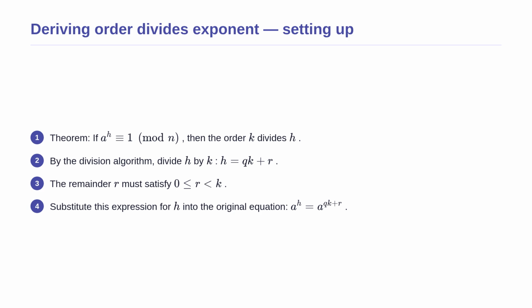We start with the division algorithm, which is just the formal mathematical way of saying division with a remainder. We divide our large exponent h by our order k to get a quotient q and a leftover remainder r. The standard rules of division tell us that the remainder r must be greater than or equal to 0 and strictly less than k. We then substitute this expression for h back into our modular equation to set up the next stage of our proof.